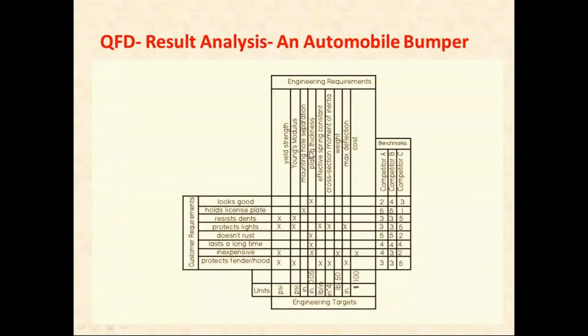What are these technical requirements? How I will accomplish these customer requirements? Like, it is looking good. So for looking good, which will I relate? I will be relating it to the thickness. So thickness of the plating, then maybe the paint I can include, what the quality of the paint is, etc. There are many other things that you can include, but which is most important, you will have to find out.